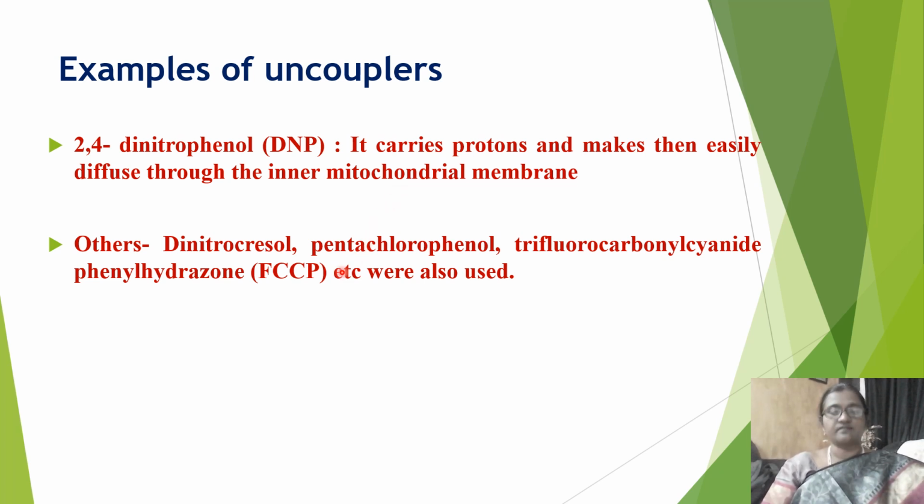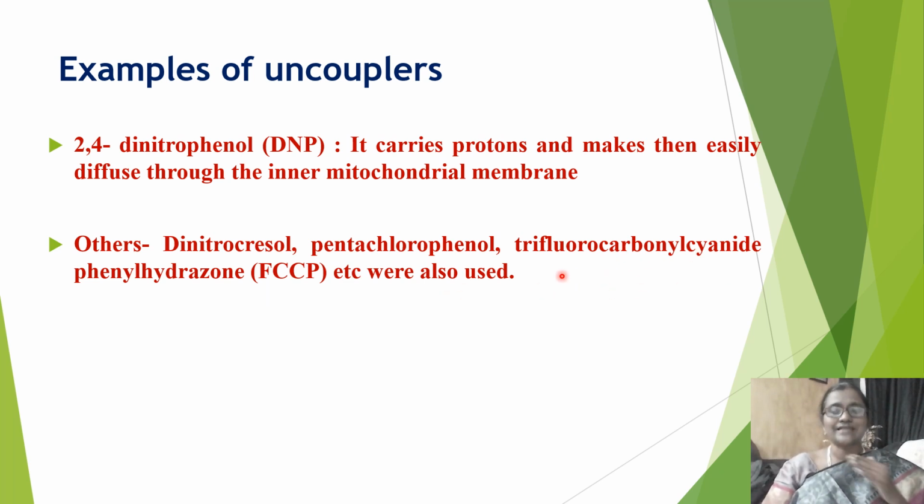Next, we have other compounds which are also used, like dinocresol, pentachlorophenol, trichloro carbonyl cyanide, and phenyl hydrazone, etc., which are also being used as uncouplers. These are considered to be very highly potent.